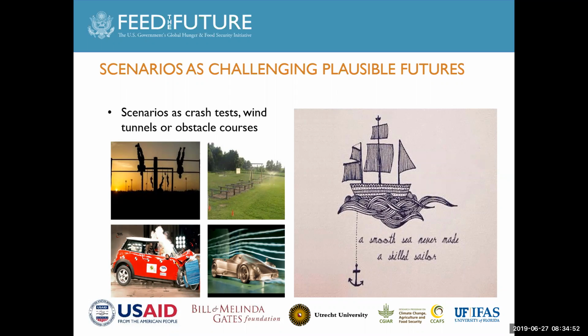If we test it only against a non-challenging future, a smooth sea, the policy won't be very robust, won't be a skilled sailor. If we test it against all kinds of challenging, plausible futures, then we get a robust policy, a skilled sailor.